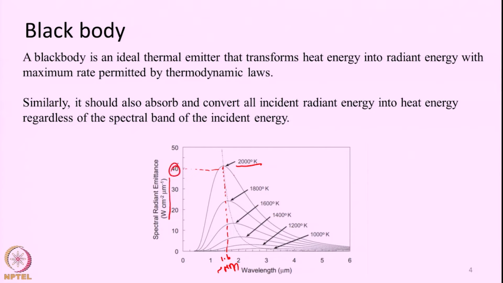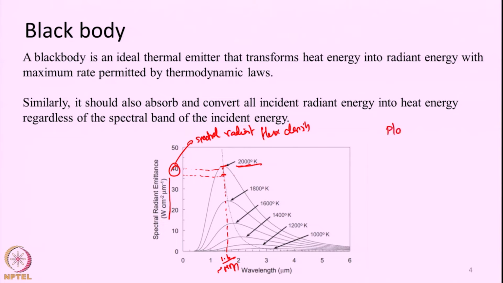So, this is like a spectral radiance or spectral radiant flux density. So, this value of 40 is like a maximum limit for this particular object at 2000 Kelvin at 1.6 micrometer wavelength. But in reality, real life earth surface objects may have radiation less than that. Let us say it has just 36 watt per meter square instead of 40.